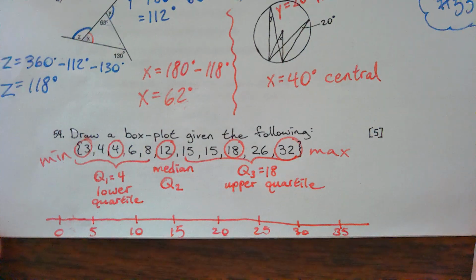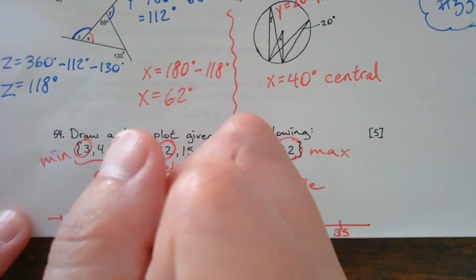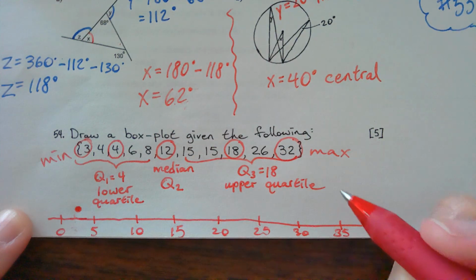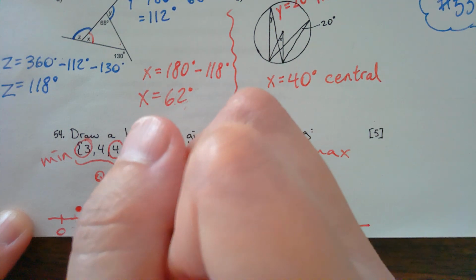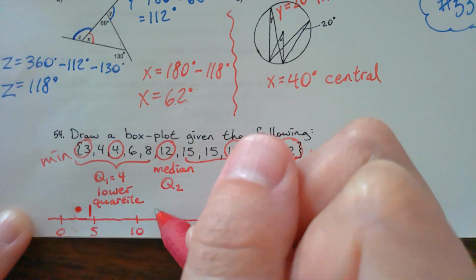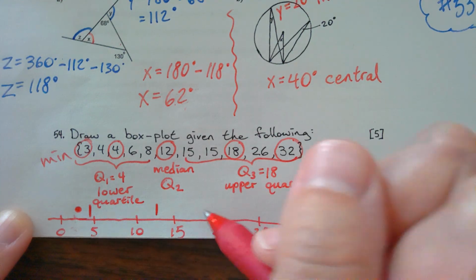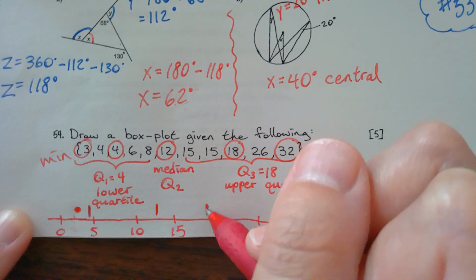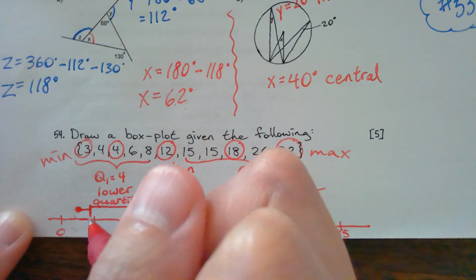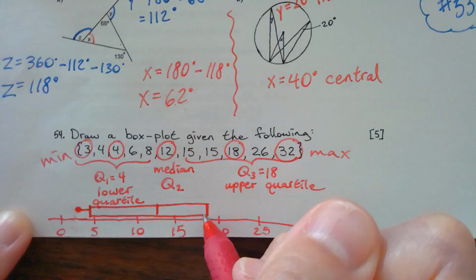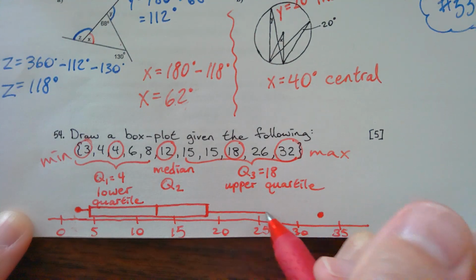Okay, now that I have my scale, I can draw my box. So 3, 32, 4, 12, 18. Okay, if it's off by a little, it's fine, as long as I can tell.